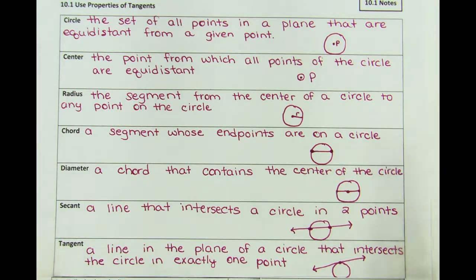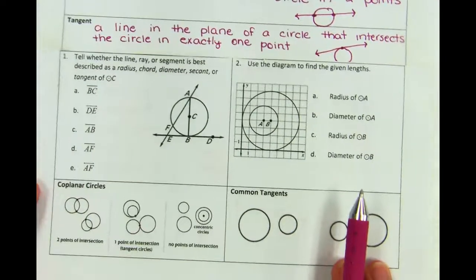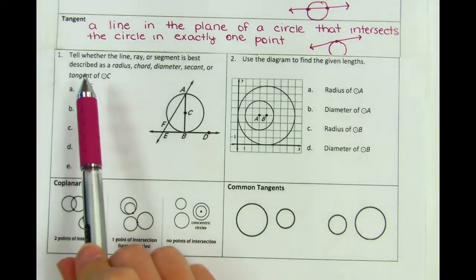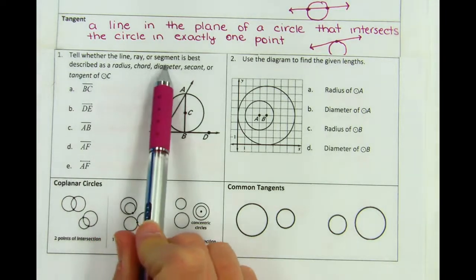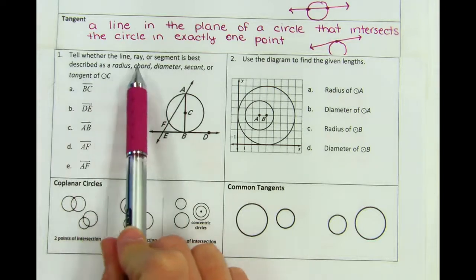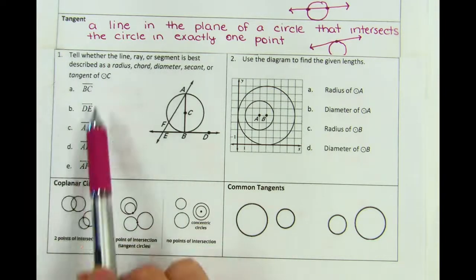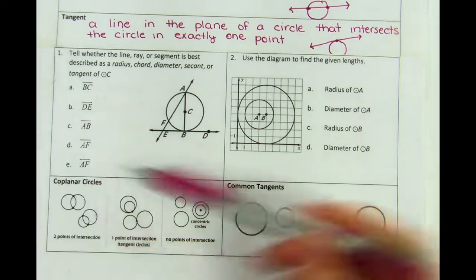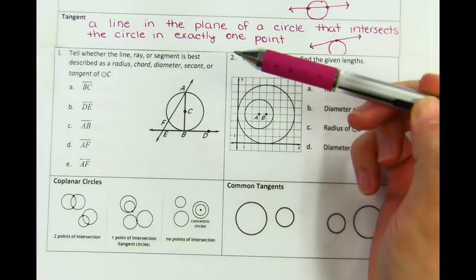Okay, so let's move down to the bottom of your page and let's apply these definitions. So number 1 says, tell whether the line, ray, or segment is best described as a radius, chord, diameter, secant, or tangent of circle C. So segment BC, that's the radius.